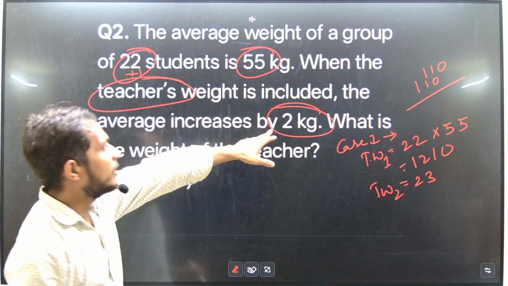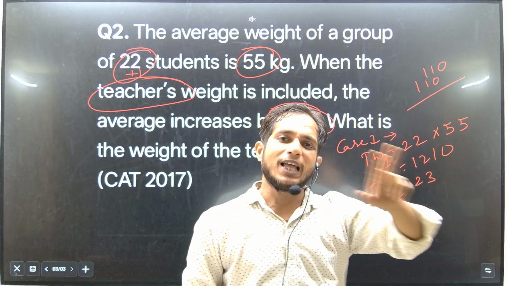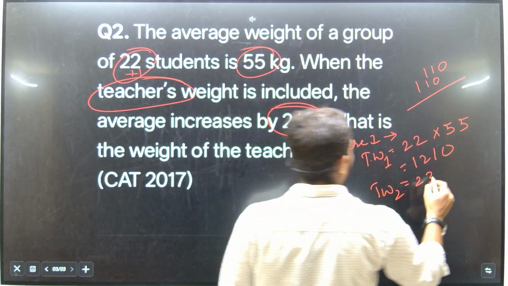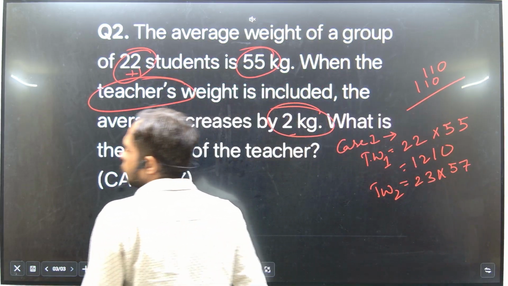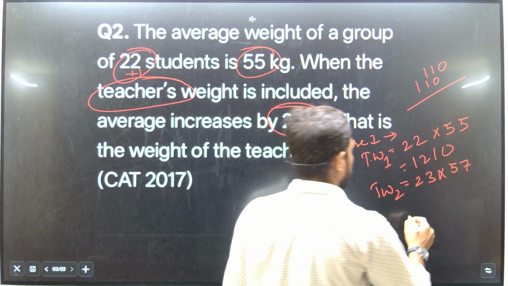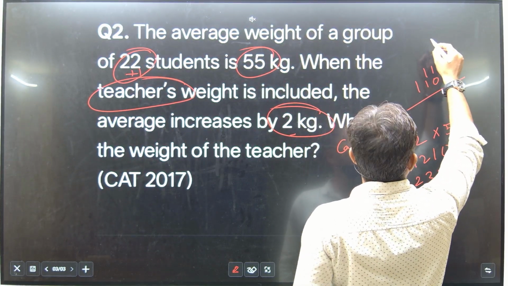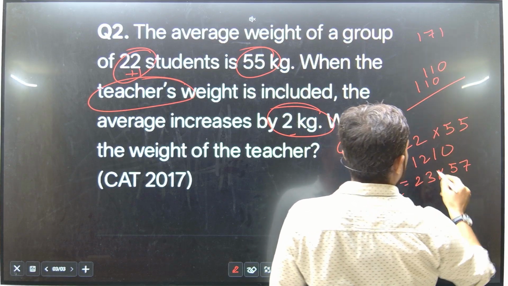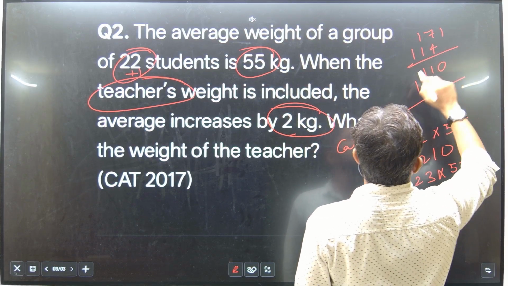Now the average weight increased by 2 kg, so 55 plus 2 becomes 57. So the average becomes 57 and the number becomes 23. So total weight is equal to 23 into 57. Now calculate the value. So what does it become? 171 and 114.